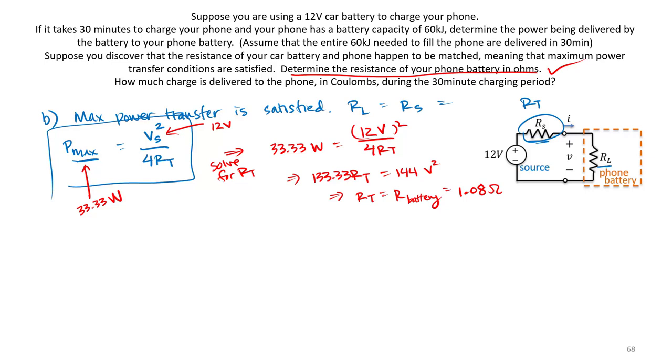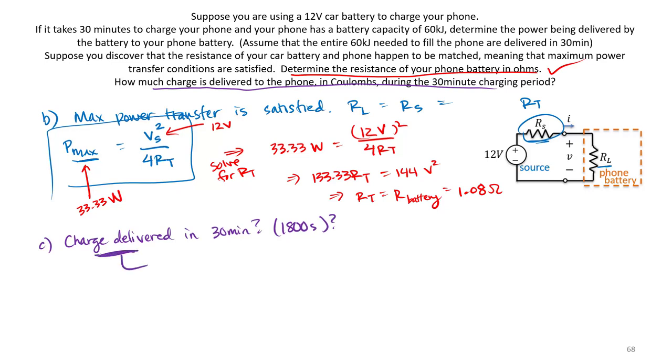Last part of the question is asking how much charge is delivered during that charging period. So how much charge did we deliver in 30 minutes or 1800 seconds, right? Well, what do we know? Well, if we want to find charge, remember, charge per time is current.